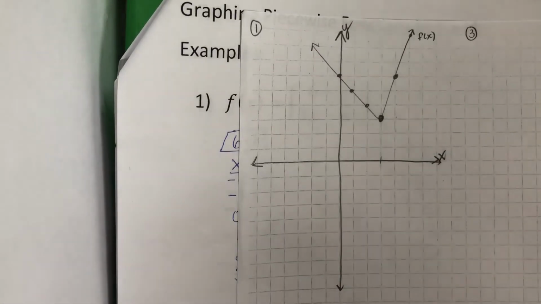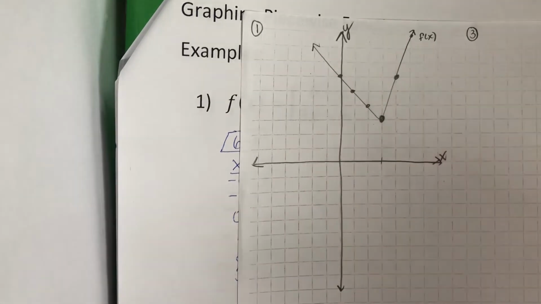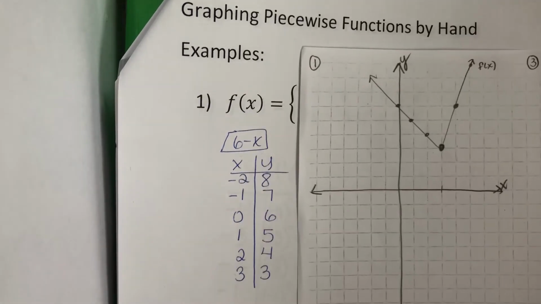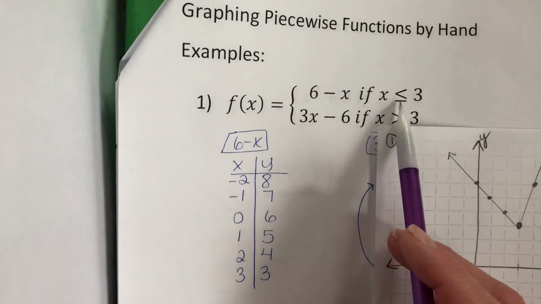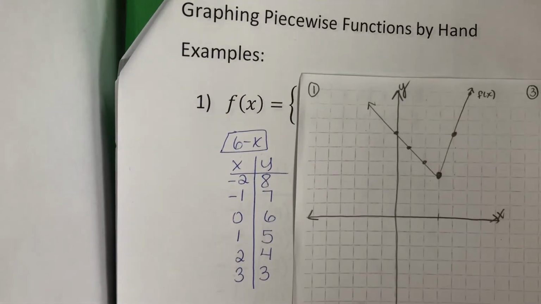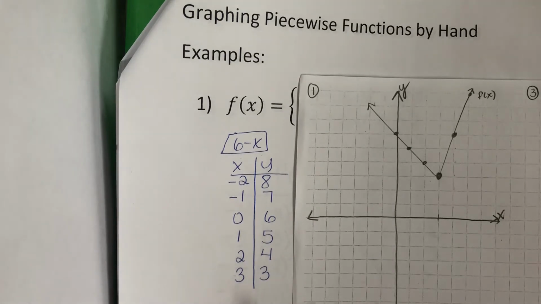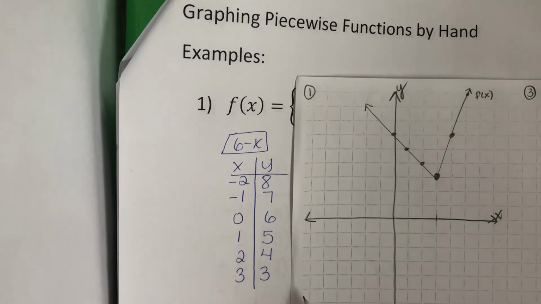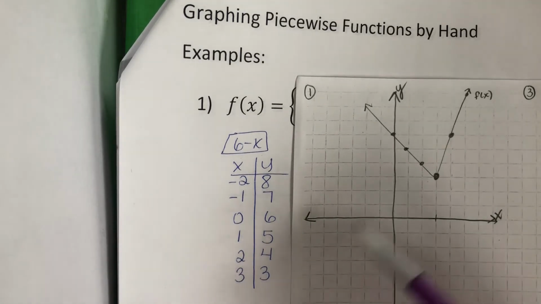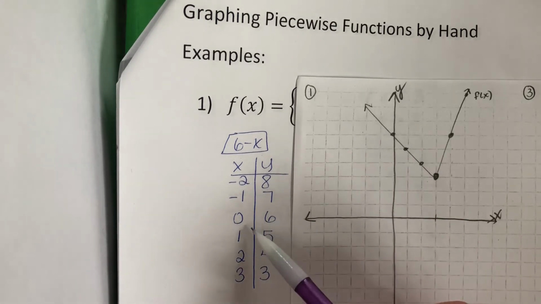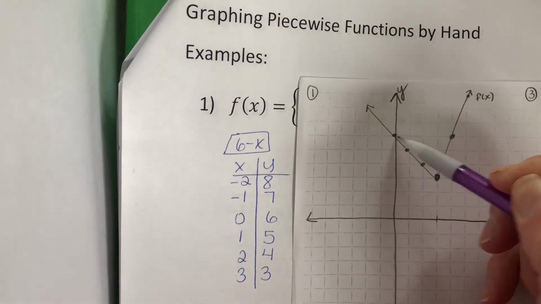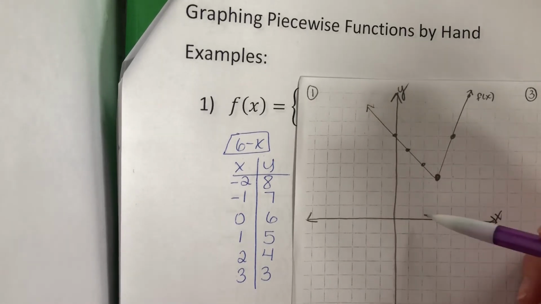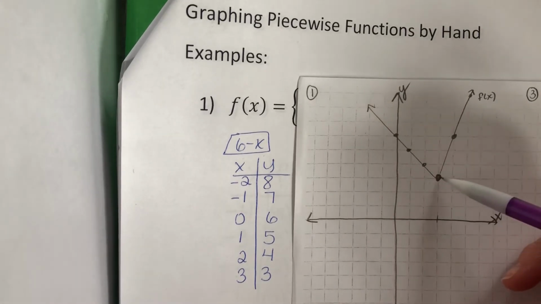So if I'm looking at this graph over here, this is what it's going to look like when it's done. So how did I get here? I started with this graph first, okay? The x value is less than or equal to 3. I didn't graph all of the points, but I have (0, 6), (1, 5), (2, 4), (3, 3).